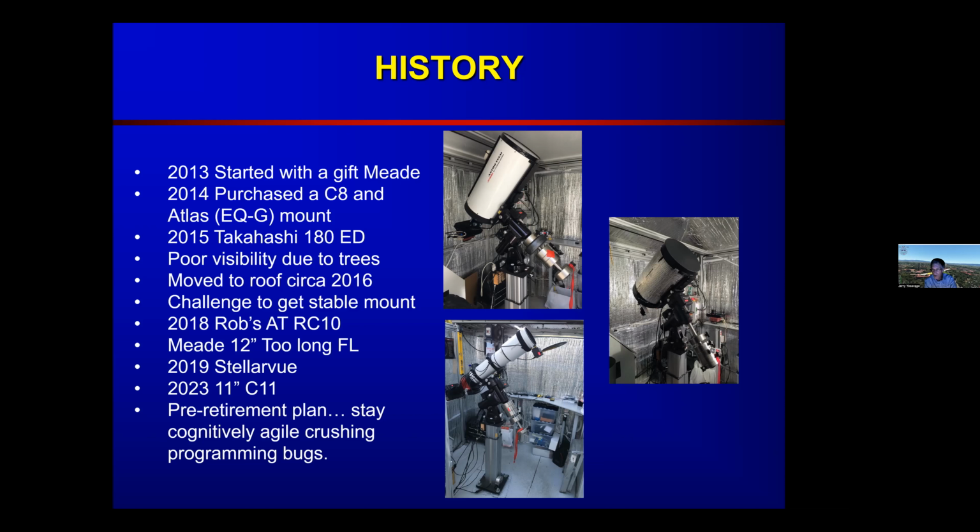Rob came down, took pity on me. I've known Rob for a while. He took pity on me when I tried to process some of my images at one point and showed me what to do. And he had an RC10, which you can see a picture of there. So we put that up on the mount. I tried to put a 12-inch Meade up there.